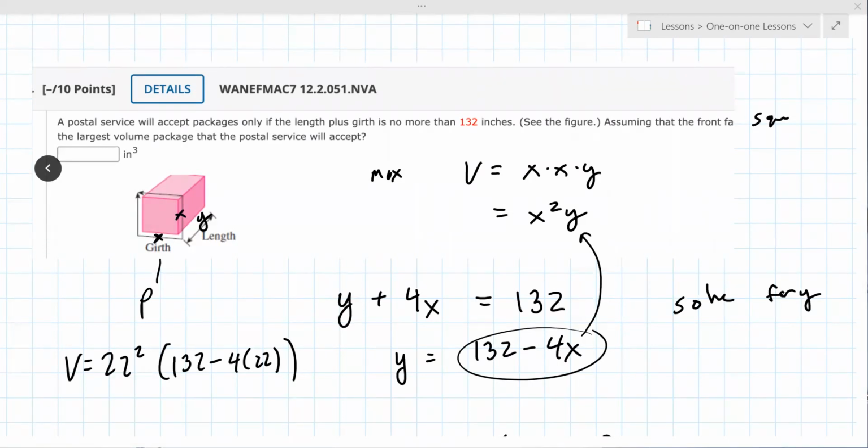So I get 21296. And hopefully that works. Did you see that worked? Yeah. Great. Glad to hear we're back on track here.